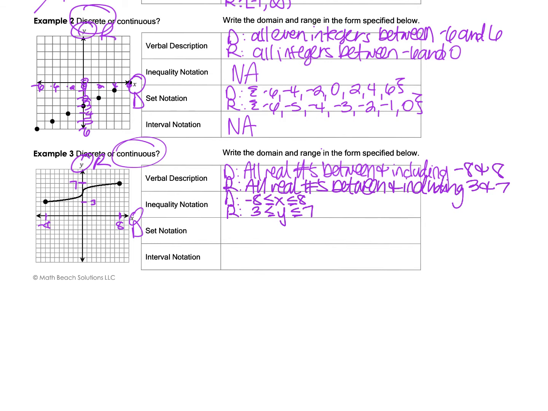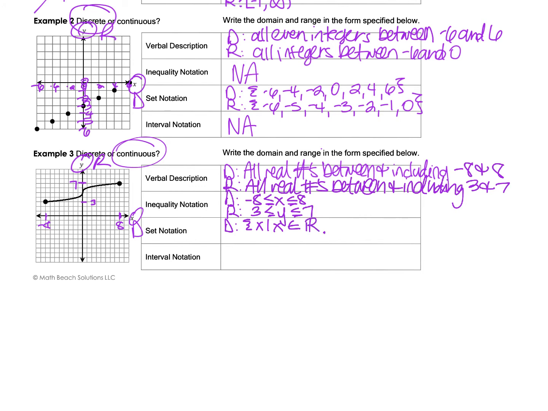Set notation. So we're going to use a curly bracket. We will have an inequality in there, so make sure you're doing the x and then that vertical bar, which means the set of all x's. And then we'll have that x and then the element of all real numbers.